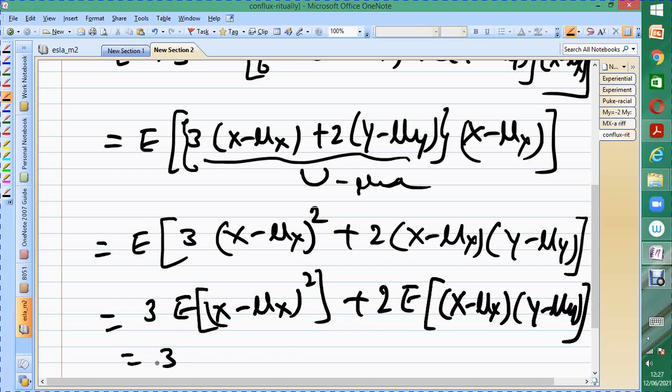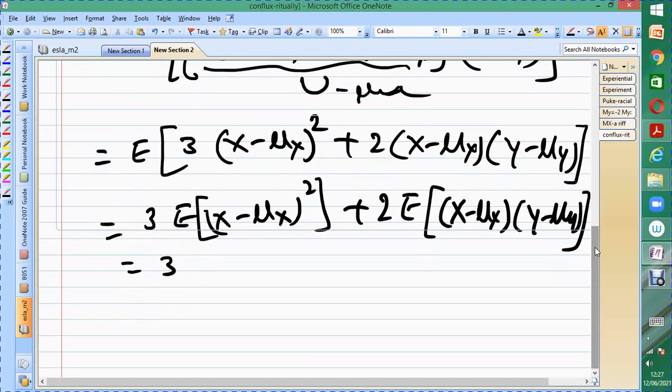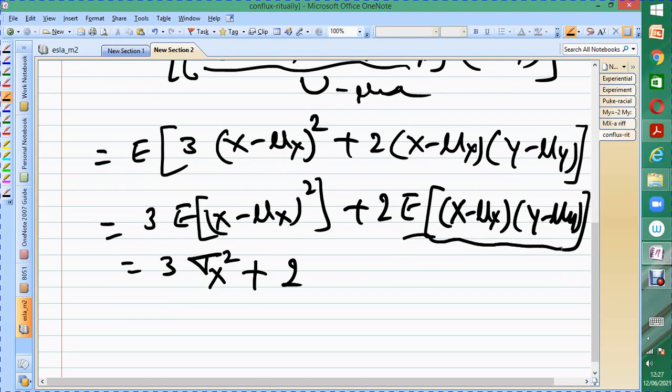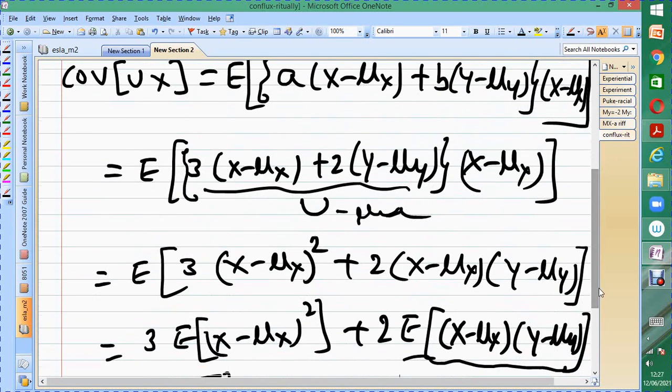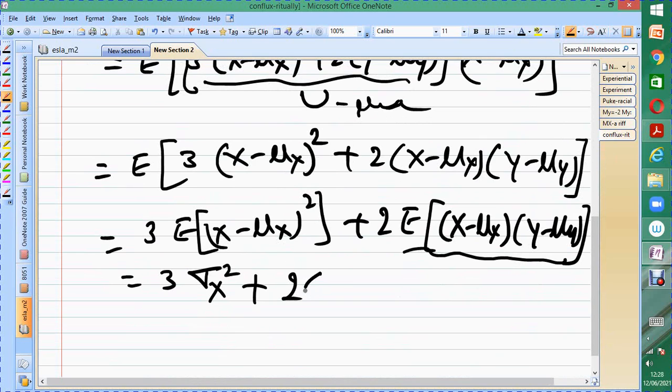The expectation of the square of a random variable about its mean is nothing but the definition of the variance, so this can be written as sigma x square, plus 2 into the expectation of x minus mu x into y minus mu y, which is nothing but the covariance definition for the random variables x, y.